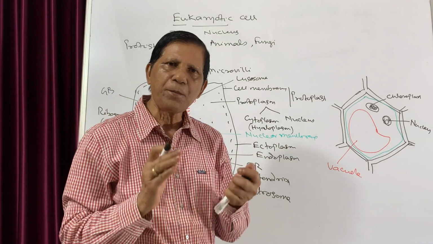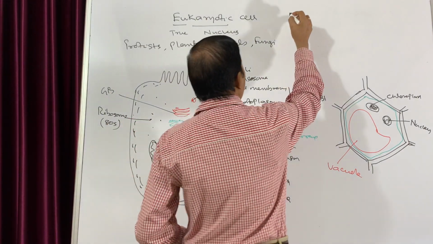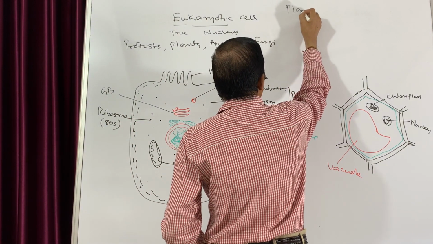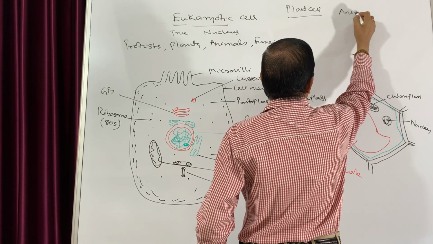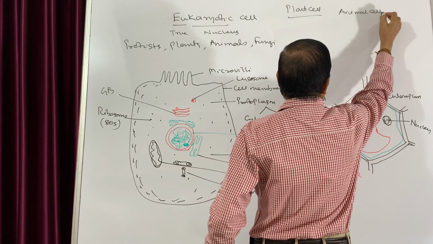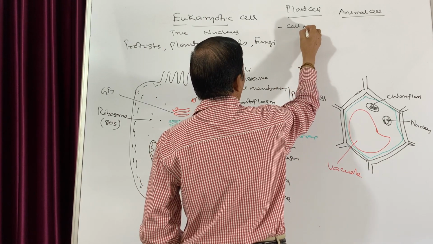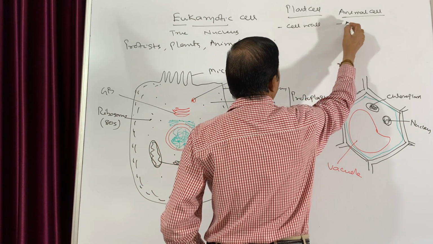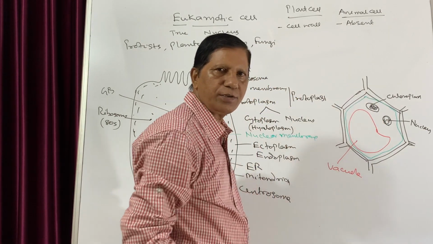Now what are the basic differences between the plant cell and animal cell? Now we will discuss plant cell and animal cell. The basic difference: in case of plant cell there is a cell wall, but in case of animals it is absent. This is one of the important differences.